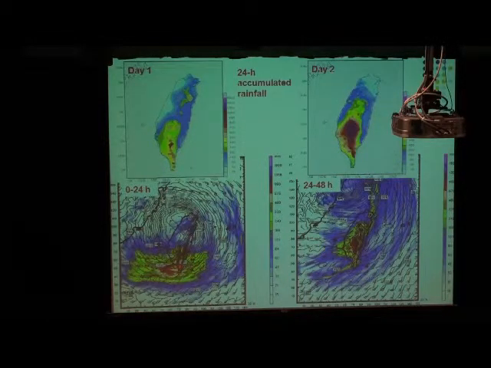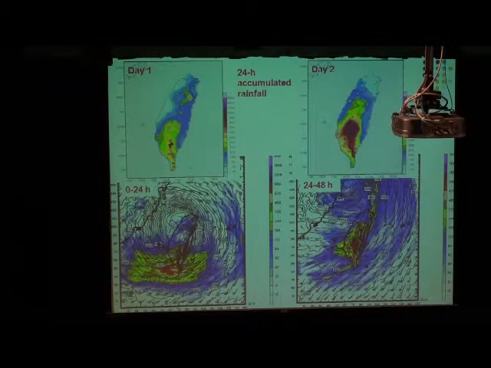However, the location shifts a little bit to the south of the observation, because the simulated track is located a little bit to the south of the observation. And on day two, the location of the maximum rainfall agreed well with the observation.